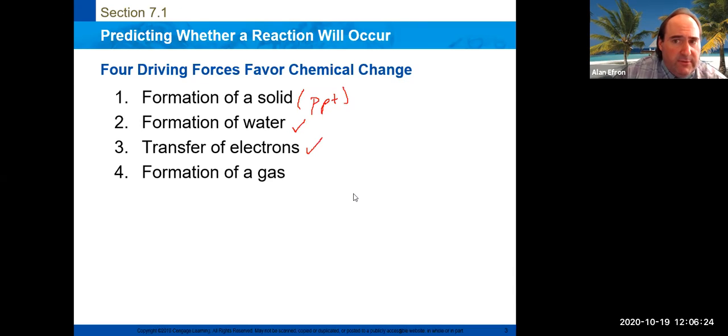Transfer of electrons, as we'll talk about very shortly, is a major umbrella of classifications of reactions, and is a major driving force, and also the formation of gases. A lot of reactions do involve some type of gas being formed as a result. So that formation of a gas is a driving force to reactions taking place.